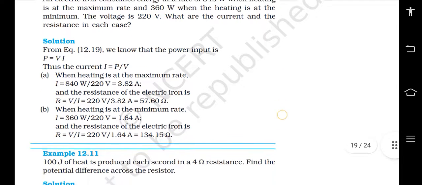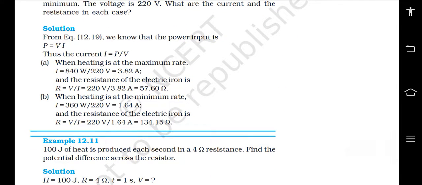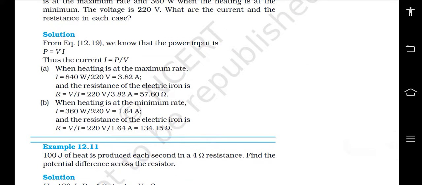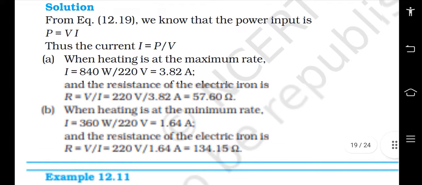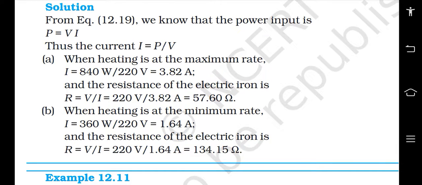That means power divided by V means I. That means P by V equal to I. This formula we are getting like this only: current I equal to P by V. How will we get it? Because P means V into I. Divide by V, then V and V will cancel and we will get I.